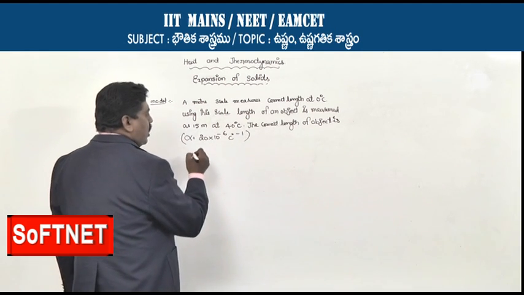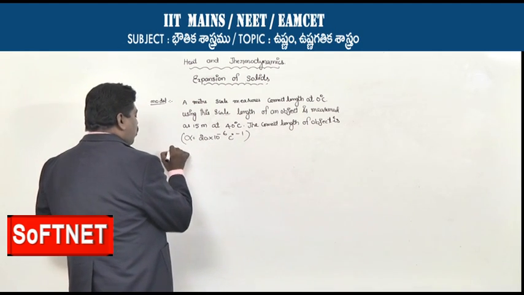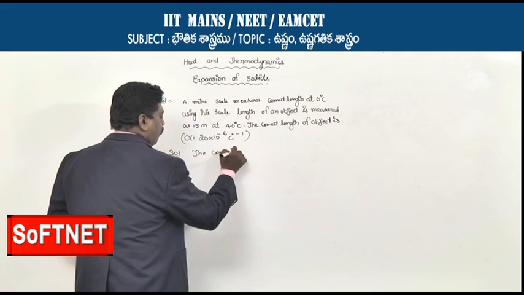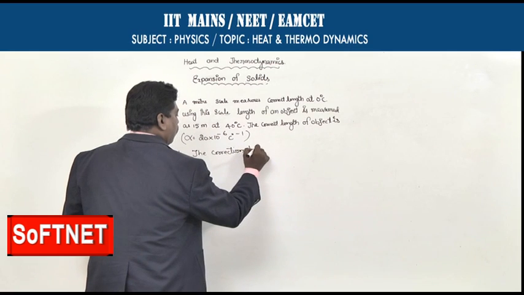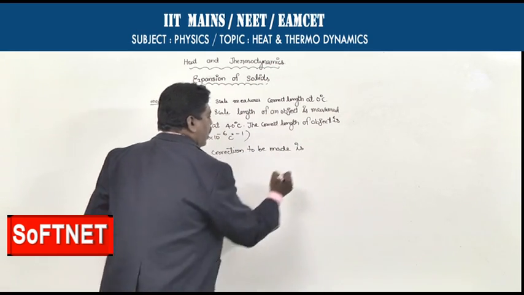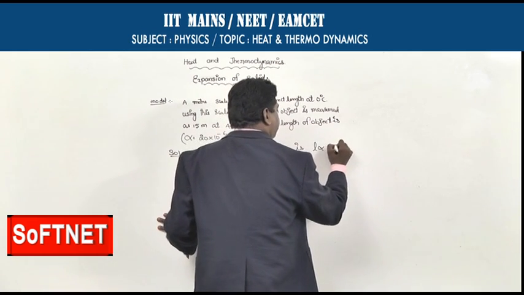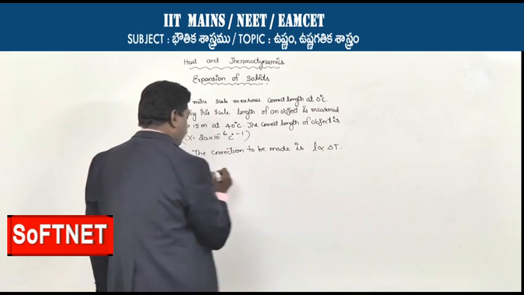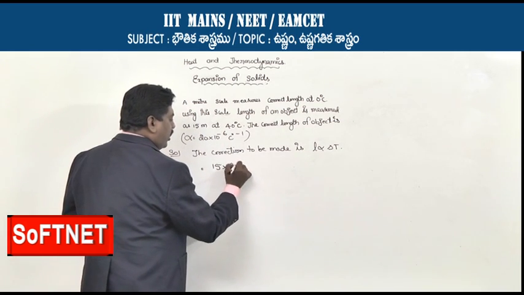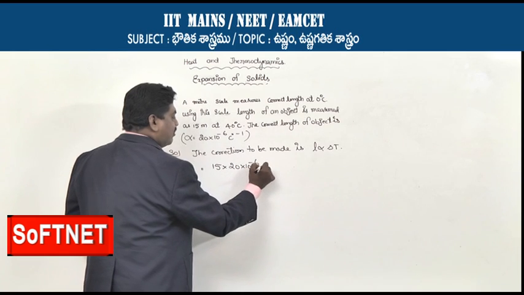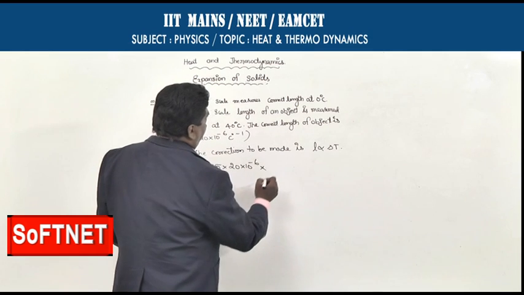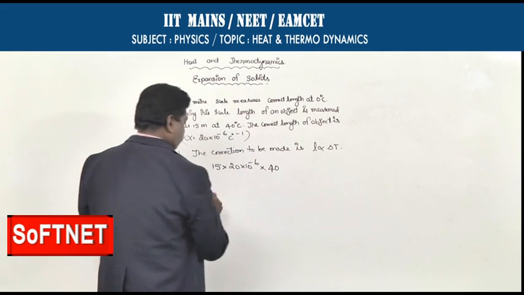Now, the correction to be made is L alpha delta T, which equals 15 into 20 into 10 to the power of minus 6 into the change in temperature, given as 40 degrees Celsius.